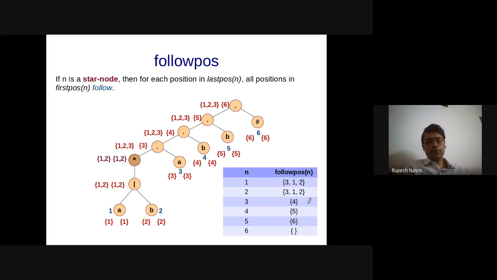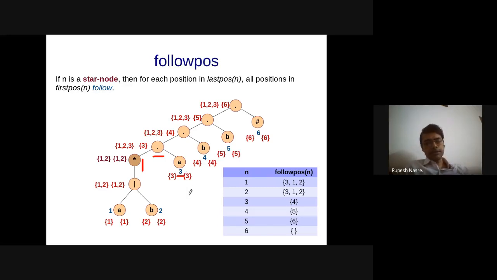So that is what I am going to do here, where I have updated the set which was containing 3 alone, which was coming because of the cat node. Now because of the star node, there are additional transitions possible. What this essentially indicates is that in the strings, whenever you have seen A or B, after that you can get either A or B from states 1 and 2, that is nodes 1 and 2, or you can get an A from state number 3.